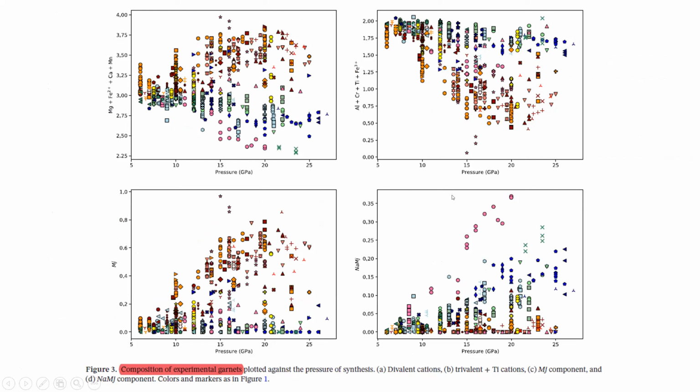So they have tried to plot the experimental pressure against different parameters, for example majoritic substitution, sodium majoritic substitution, or the tetrahedral and octahedral divalent and trivalent cations. We do not actually see much trend here. Only similar compositions show a similar kind of trend.